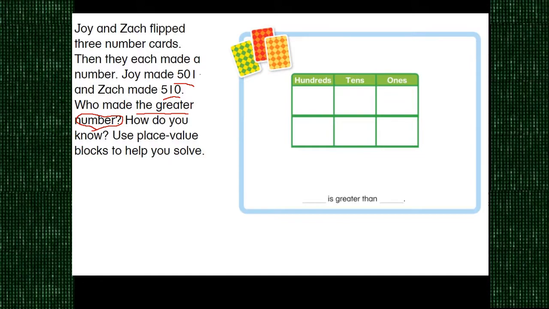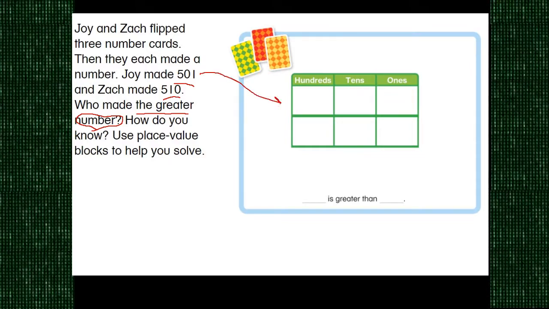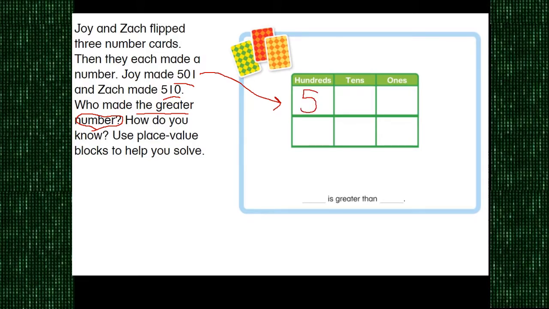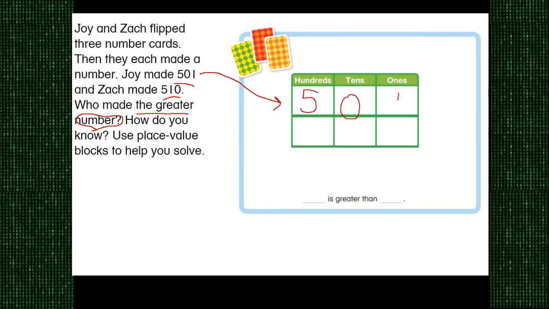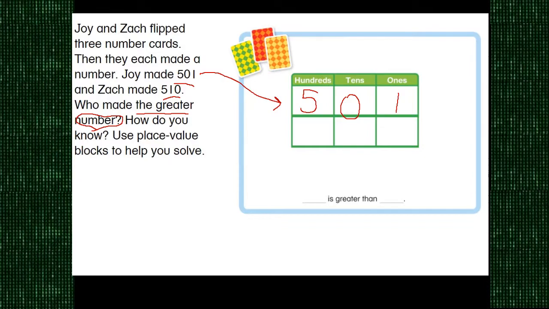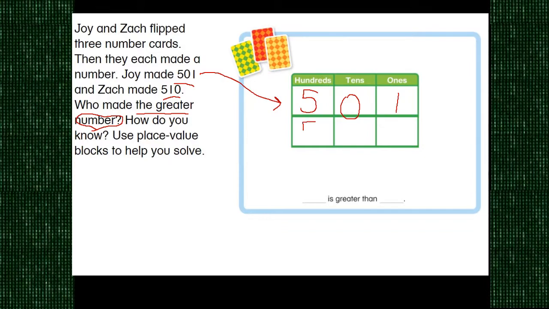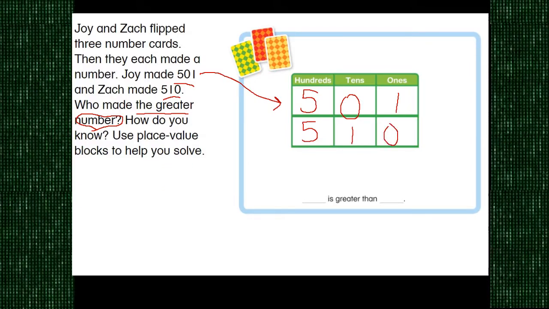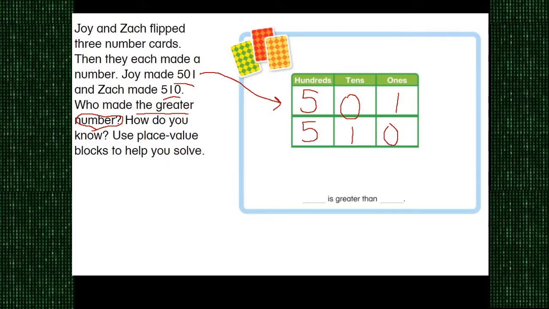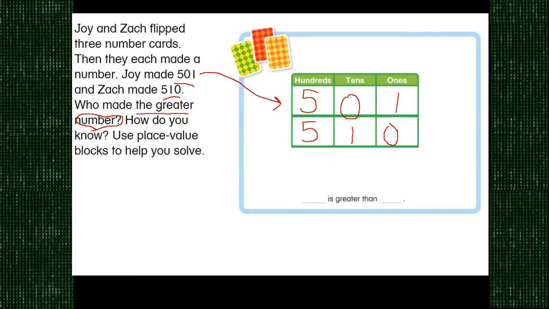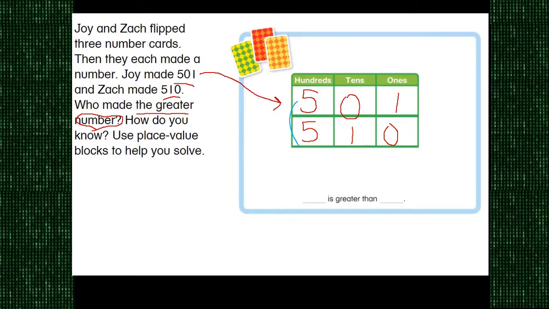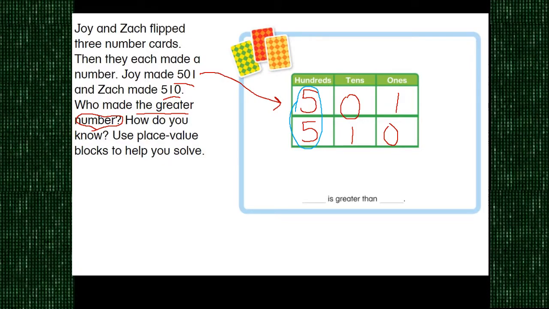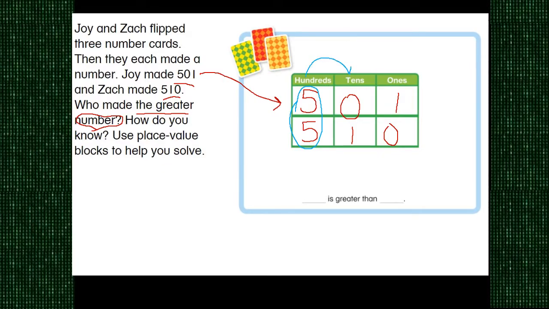Okay, we know how to do this. One number is 501. That's Joy's number. So let's put 501 there. Zach made 510, and we'll put that there. If we try to compare these, well, the 5s in the hundreds are the same. They're equal. So then we have to go over to the tens.